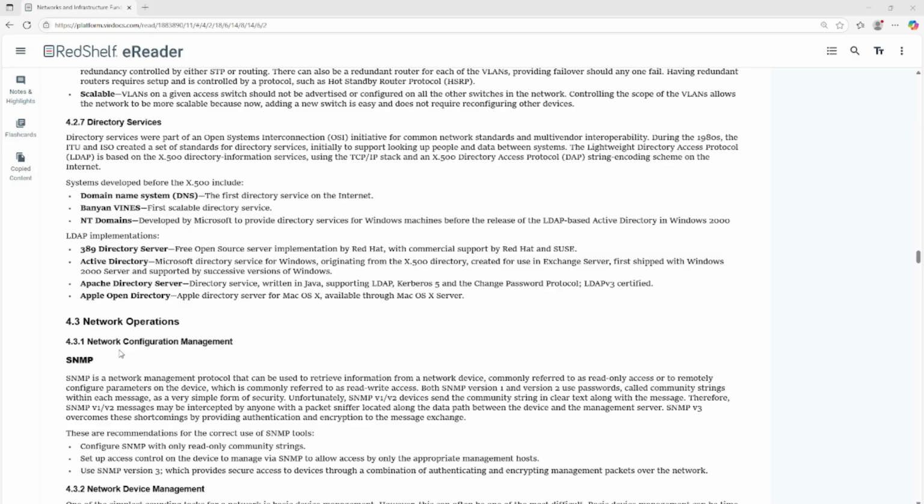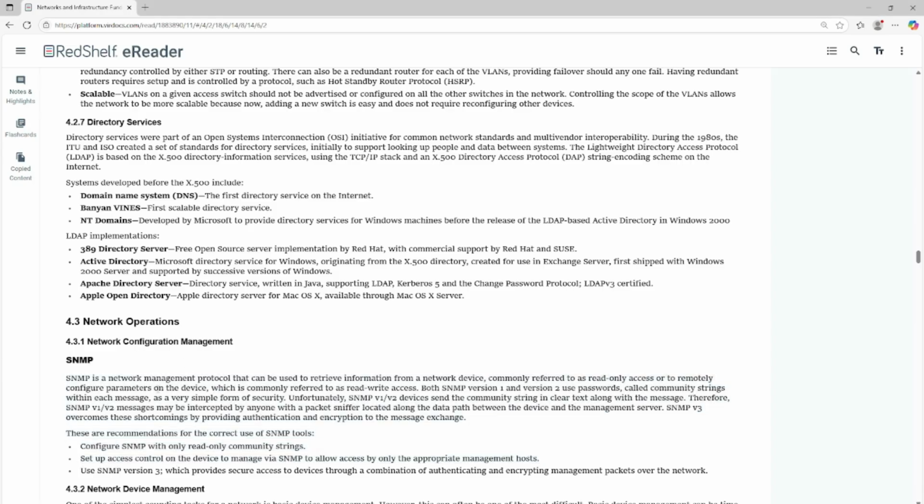So, SNMP. What you have to keep in mind in relation to SNMP is that it's a network management protocol used basically for exchanging management information between network devices.